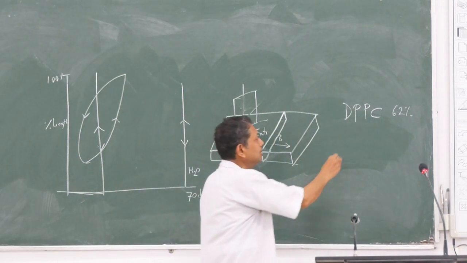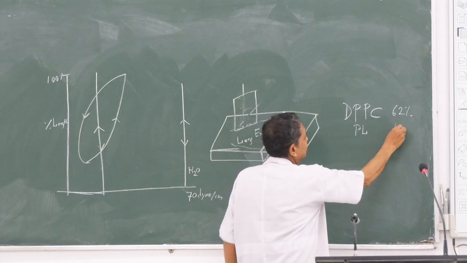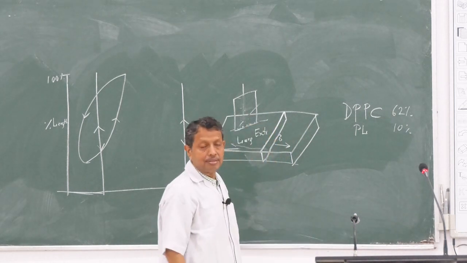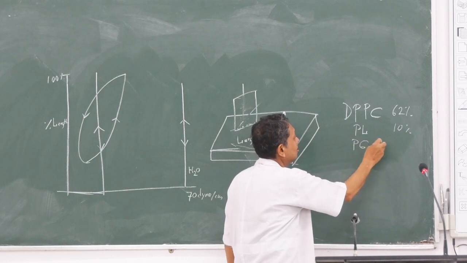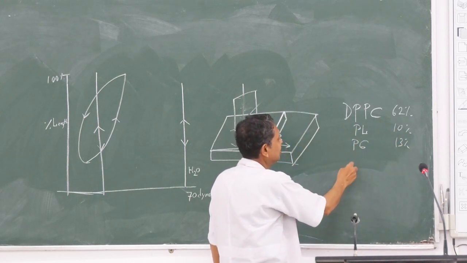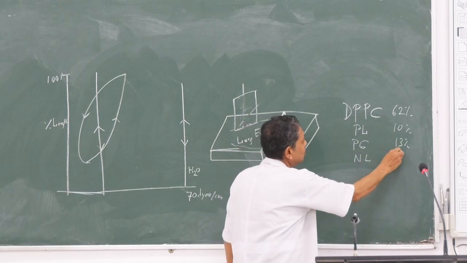Other phospholipids, suppose they are 10%. Phosphatidylglycerol is 13%. Neutral lipids, suppose 5%.